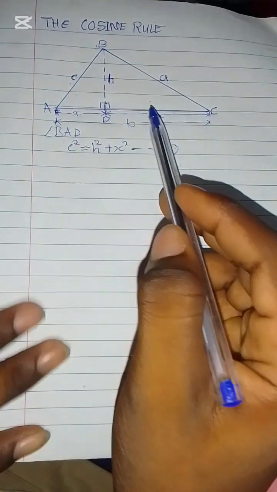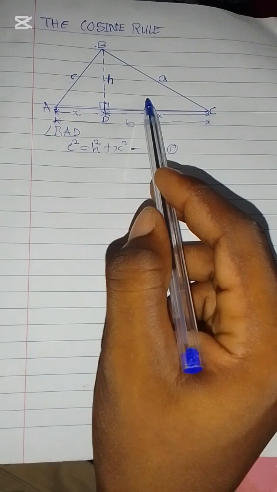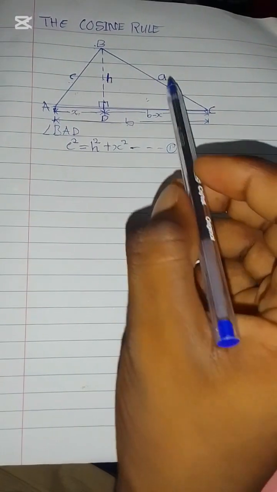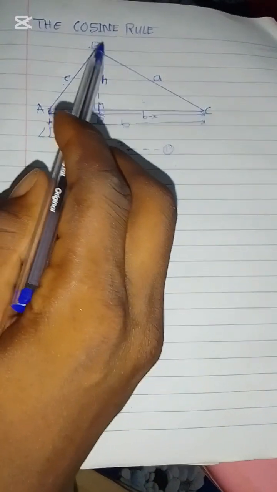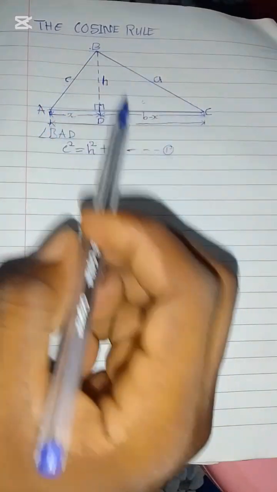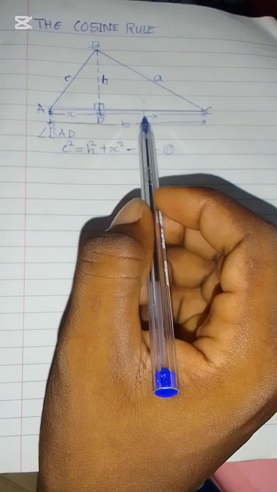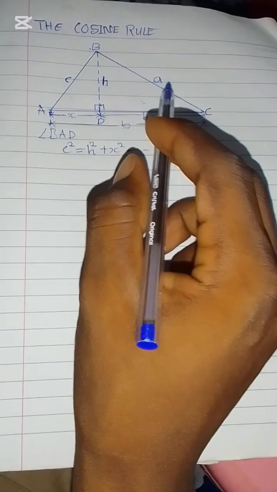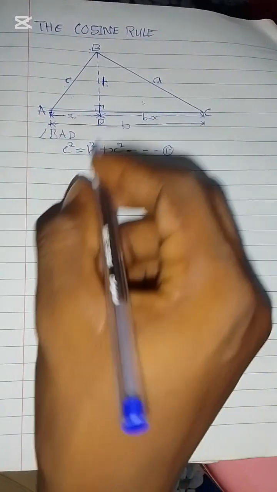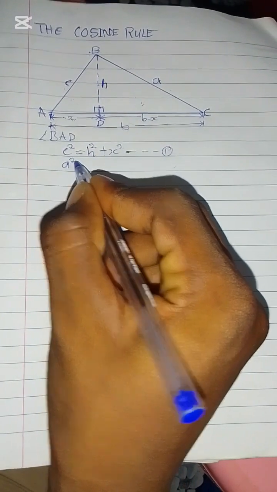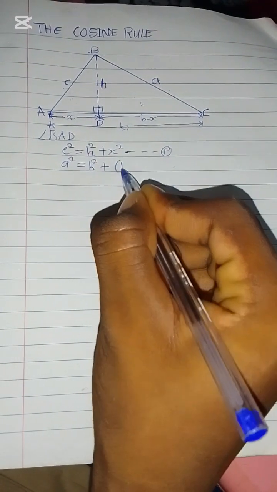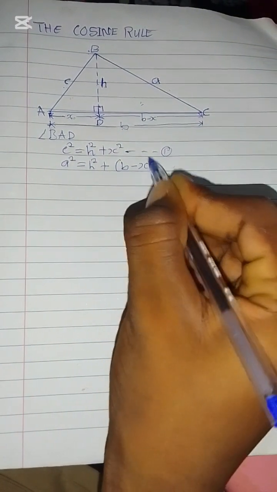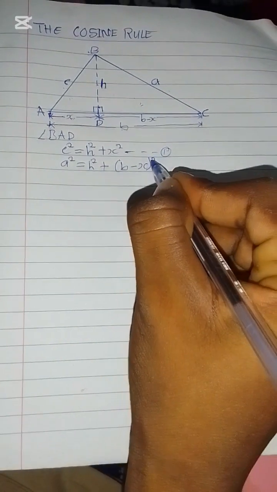Following, doing the same to this side also, I will assume that I don't know the line BC, a, but I know the value of this one and the height. Using Pythagoras theorem, I have that a squared is equal to h squared plus (b minus x), don't forget to put it in brackets, all squared.